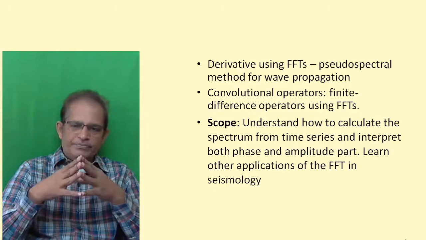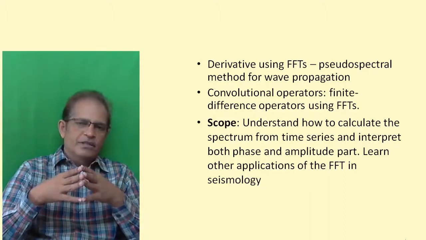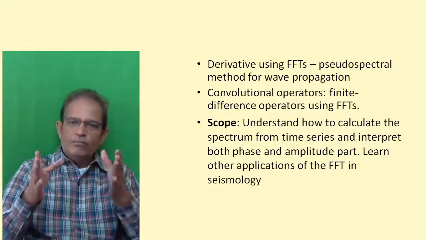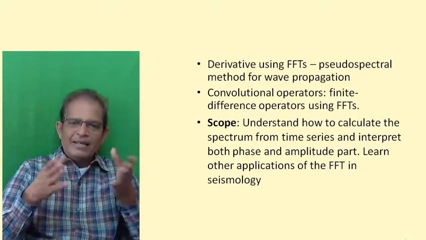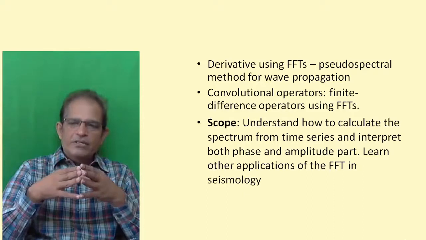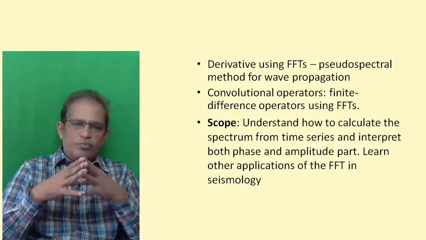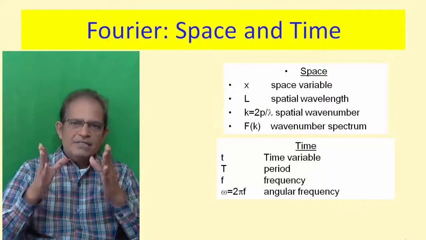Now the scope: understand how to calculate the spectrum from time series and interpret both phase and amplitude part. Learn other applications of the finite Fourier transforms in seismology. This is the scope of the course: Fourier transforms, Fourier, space and time.